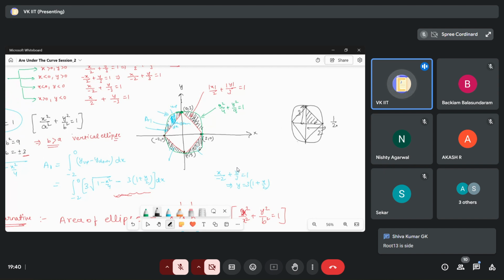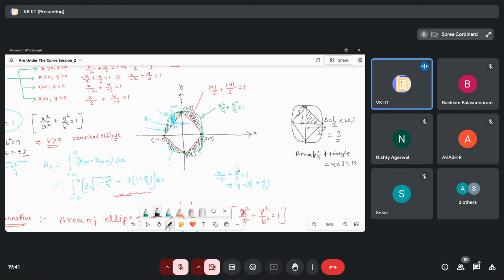So what is the area of this triangle? 1 by 2 into base into height, which will be 3 only. This is the area of one triangle. But what about the total area of 4 triangles? It will become 4 times 3, that is 12.